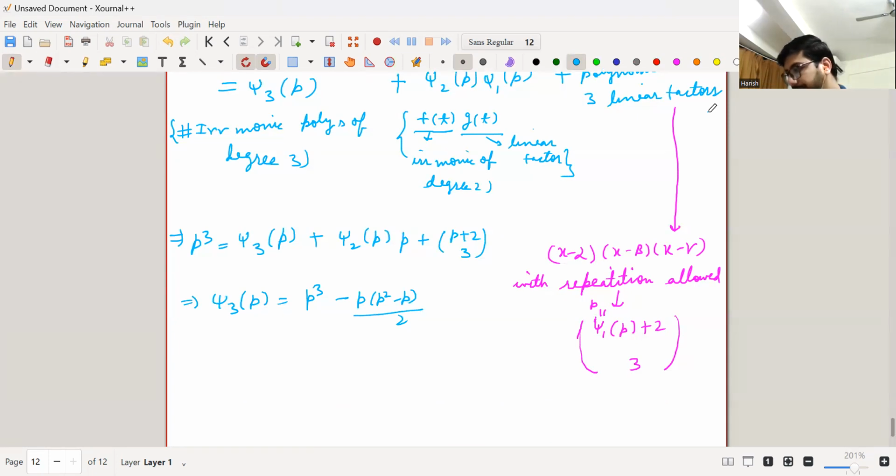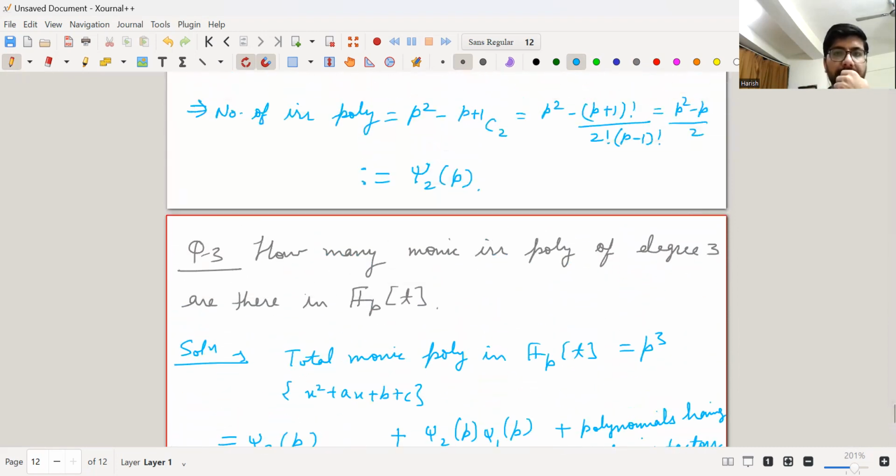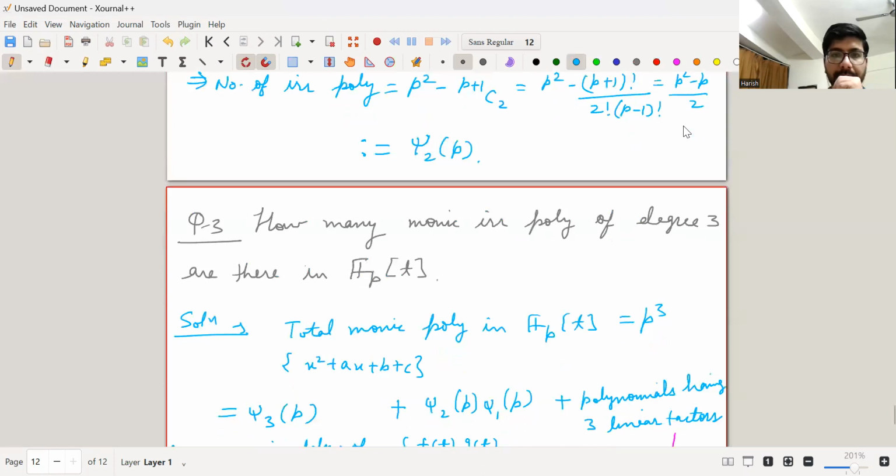And this is p plus 2 choose 3, which is nothing but p plus 2 factorial divided by 3 factorial and p minus 1 factorial. So when you solve it, you will get that this is p cubed minus p by 3. So here you are getting p square minus p by 2, and here you are having p cubed minus p by 3.